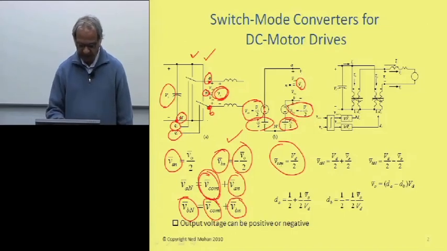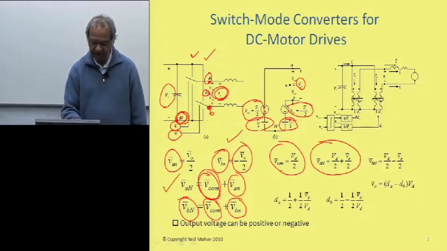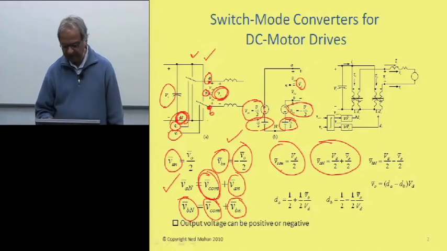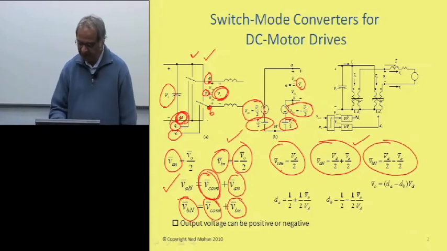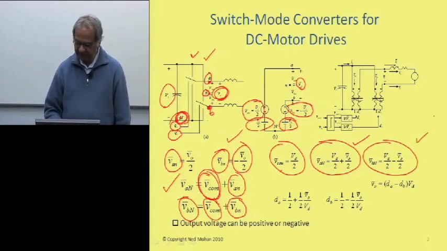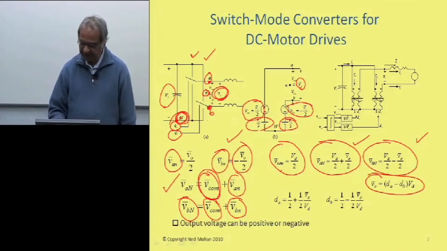So by substituting this common mode voltage in this expression, the voltage of pole A with respect to the negative DC bus is given by this expression, and the output at pole B is given by this expression. And if you subtract these two, then the output voltage is really dA minus dB.